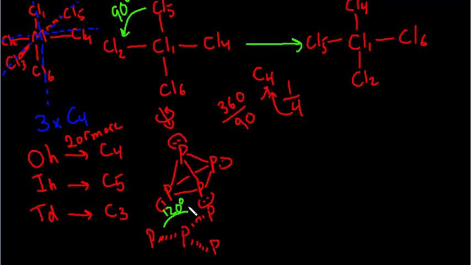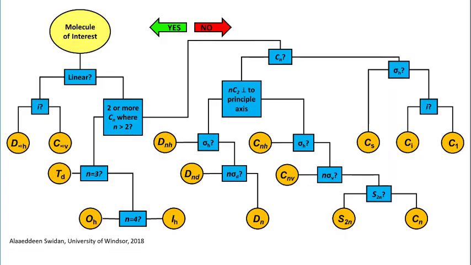And we have an axis down this phosphorus, an axis down this phosphorus, and an axis down this phosphorus as well. So in this case we have 4 of those C3s, and therefore we know it's one of those high symmetry point groups, and it would be a Td, tetrahedral.